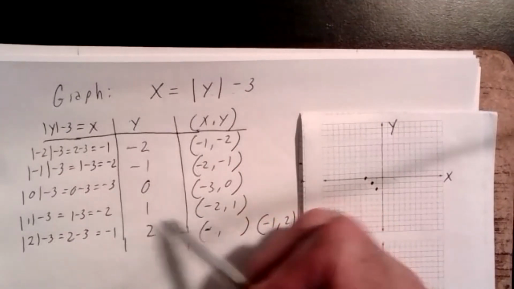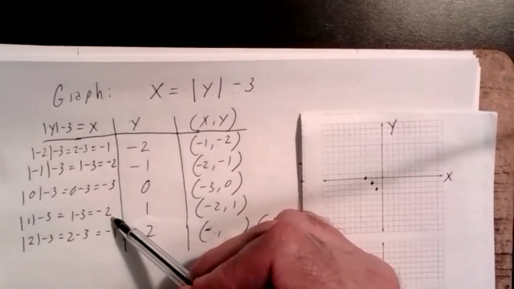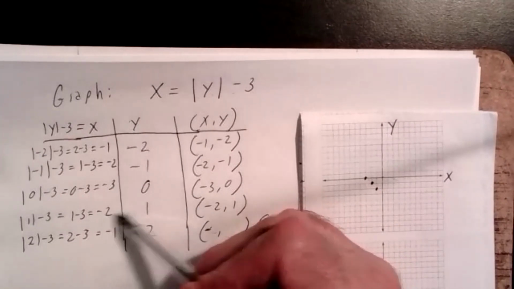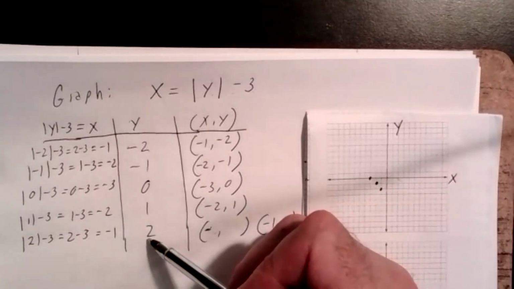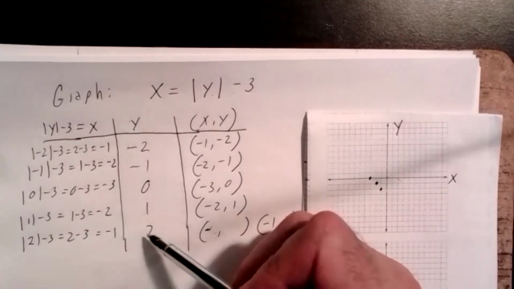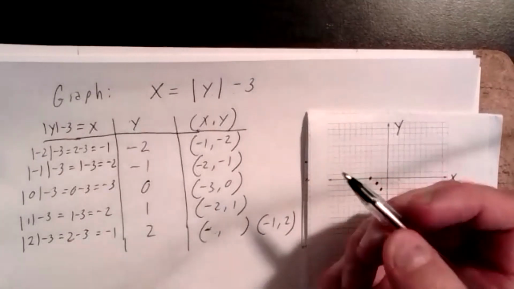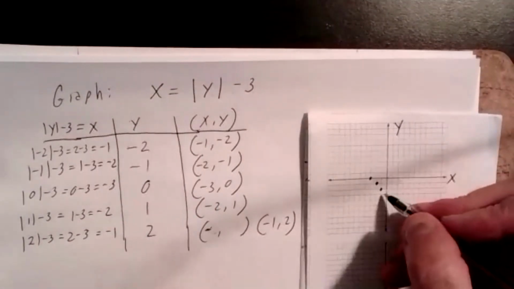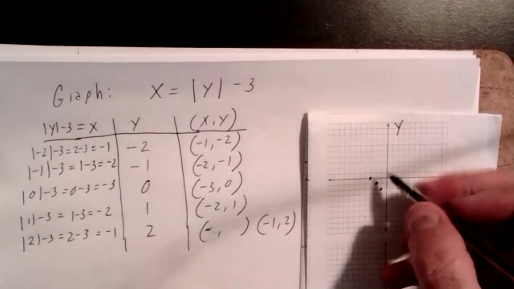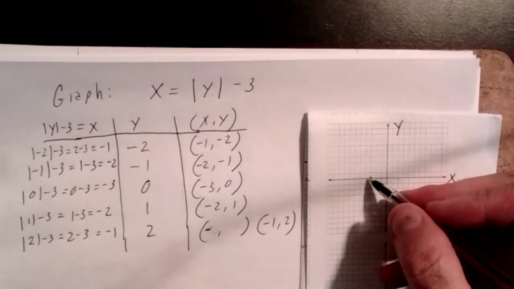When you put 1 in there, you get -2, 1. Put 2 in there, you get -1, 2. All right, so -3, 0 is there.